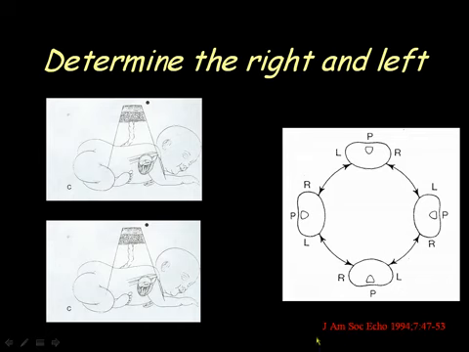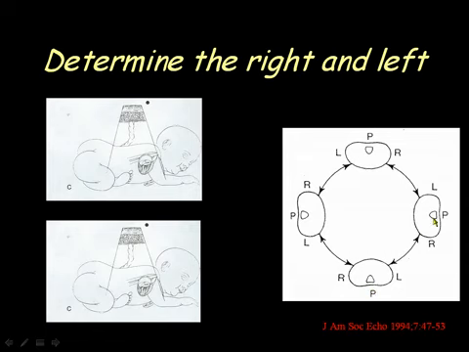This is a diagram that I took from this article in the Journal of the American Society of Echocardiography, showing how to decide about the situs of the fetus. Basically, you put the baby in a longitudinal plane with the head of the baby to this side of the screen in front of you, and then from there you rotate 90 degrees, and then you will be able to see the baby in an axial plane, and you will see one of these pictures.